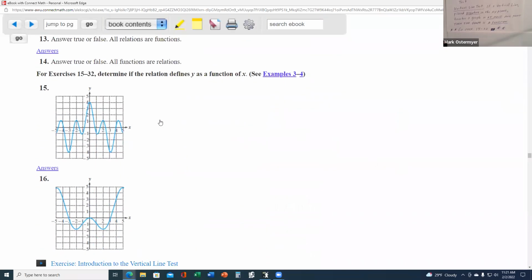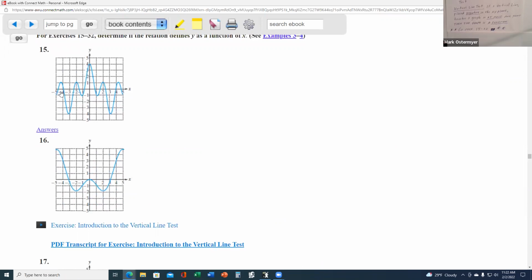Problem number 15 is the graph of a relation in mathematics. Is this relation a function? Yes or no? Does the graph pass the vertical line test? Is it possible to put a vertical line somewhere in the XY plane such that it would intersect the graph in more than one point?